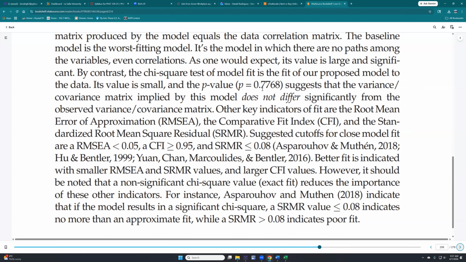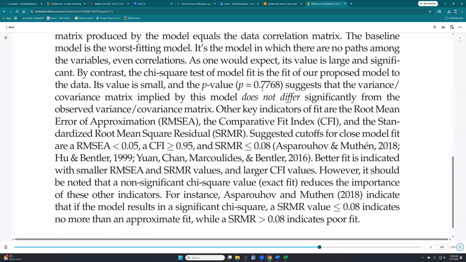Now, one of the issues, and this is very controversial to some, is that the larger the sample size, the more likely you are to find that any difference can become significant, right? So that's a problem. The chi-square test is very sensitive to sample size. Some will argue, well, that's good because with greater sample size, you're detecting areas of misfit.